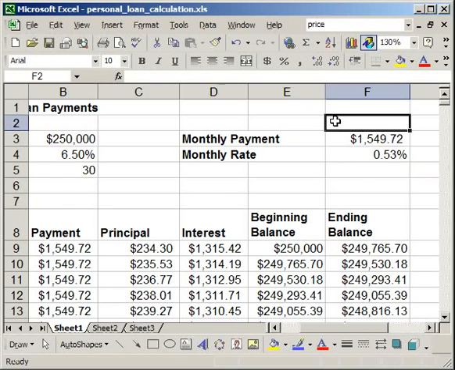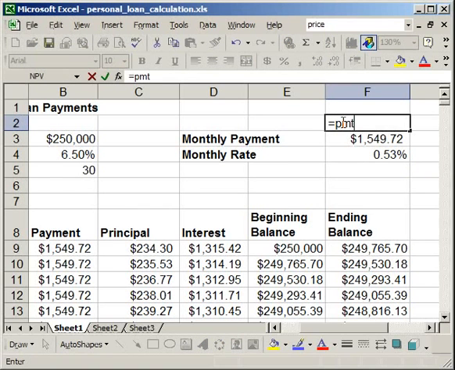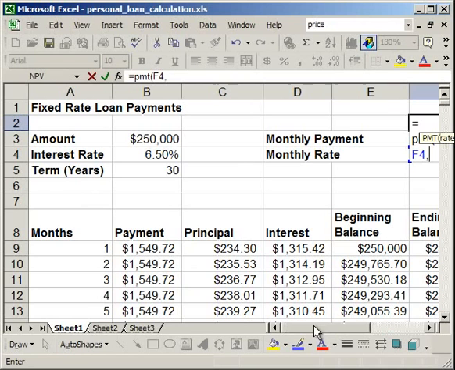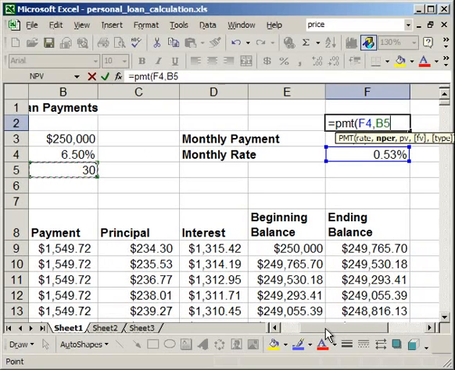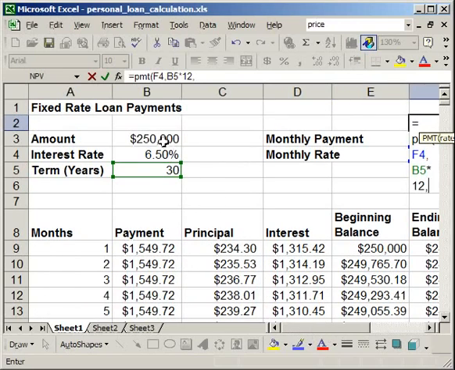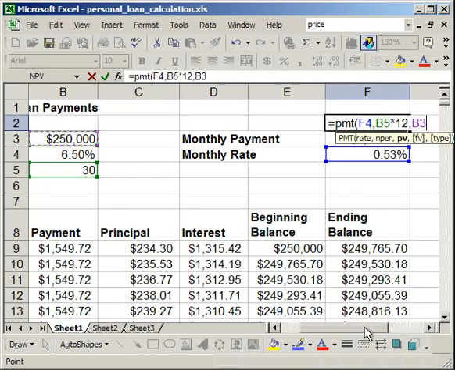So to calculate the payments, we want to do equals PMT, open parentheses, the rate, and what you want for the rate is the monthly rate, so right there, comma, the number of periods, and for the number of periods, all I'm going to do here is the loan term in years, and I'm going to multiply that by 12 for 12 months, comma, and then the present value, which is just the current amount of the loan here, and then if you want you can do future value and type, but that doesn't apply here. So all you do is rate, number of periods, present value.